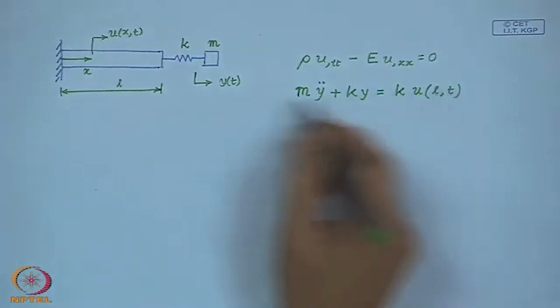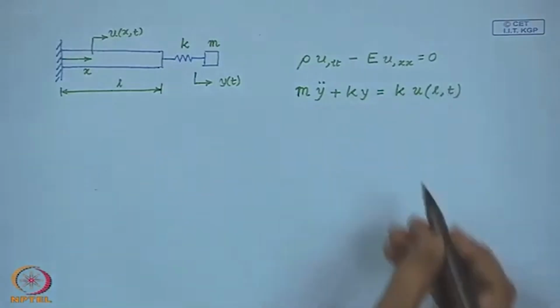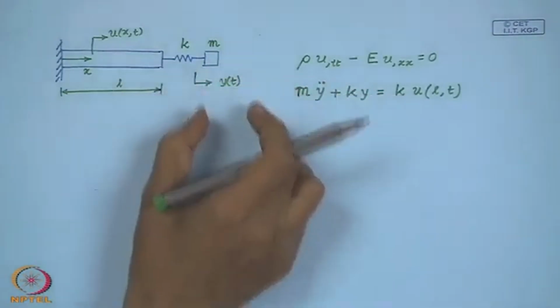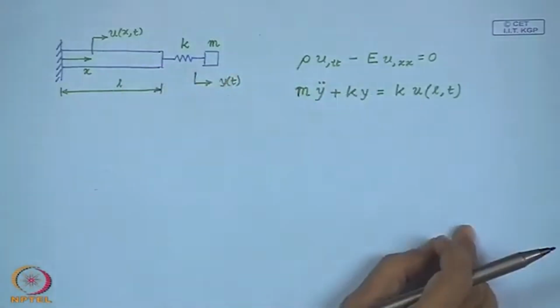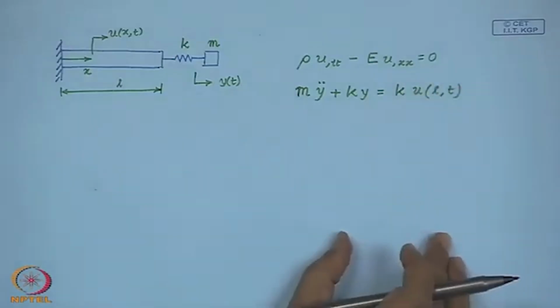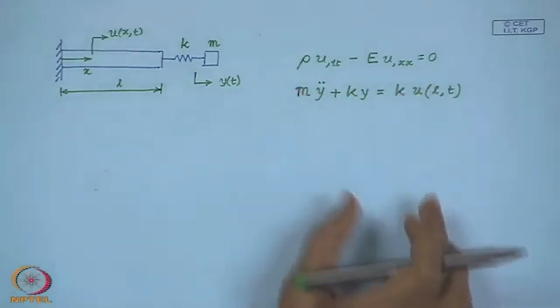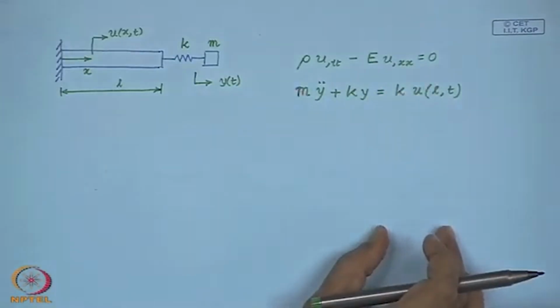This equation can be easily derived if you take the oscillator separately and write down its equation of motion. Now, these are the equations of motion for this system. So, as you can see, they are coupled.